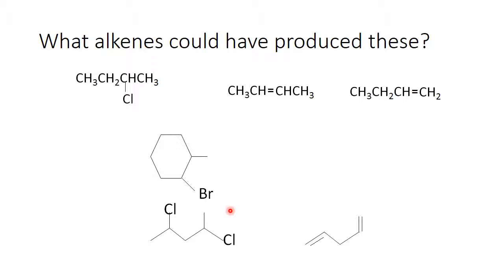Now if I look at this compound, which alkene would be needed to produce this? Again, you consider both possibilities, that the double bond used to be here or the double bond used to be here. Well, let's look at the double bond being here first. If this were the compound, when you put a proton on, the proton would go here and the bromine would go here. So it can't produce this compound.